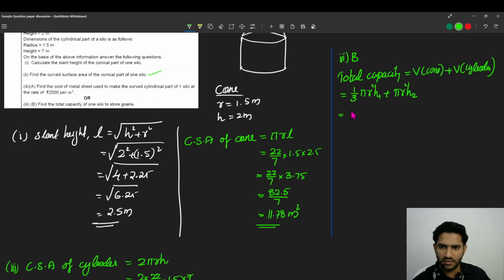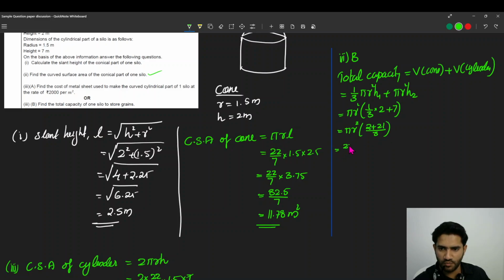Here pi is common, r square is common, so we can take them common outside. It will be 1 by 3 h1, height of the cone, that is 2, plus h2, height of the cylinder, that is 7. So pi r square into (2 by 3 plus 7). By cross multiplying we get 2 plus 21 divided by 3, which is 23 by 3.